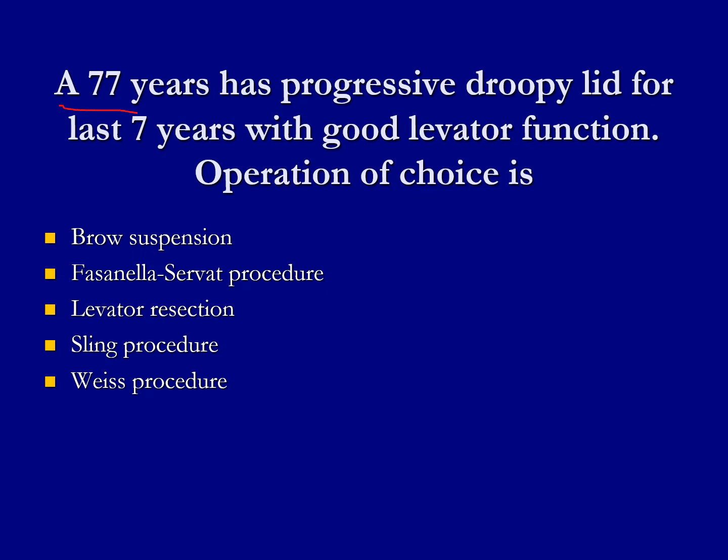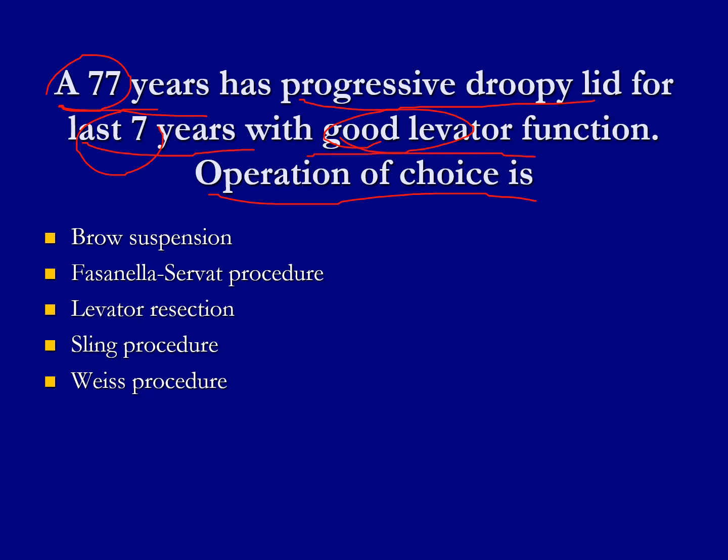A 77-year-old has a progressive droopy lid for the last 7 years with good levator function. The operation of choice is? 77-year-old means involutional, and it's also progressive, so that points towards involutional. Remember, good levator function. The operation of choice is brow suspension, Fasanella-Servat, levator resection, sling procedure or Weiss procedure.